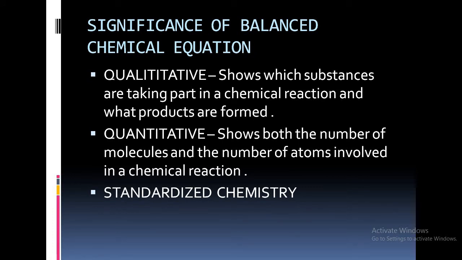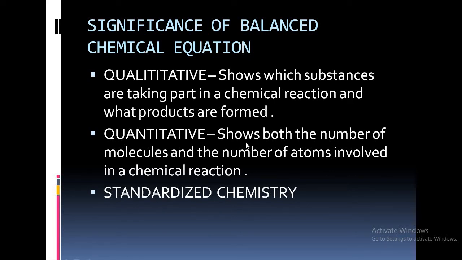Now, what is the significance of a balanced chemical equation? There are three basic significances, that is qualitative, quantitative, and standardized chemistry. So what is qualitative? A balanced chemical equation shows which substances are taking part in a chemical reaction and what products are formed.